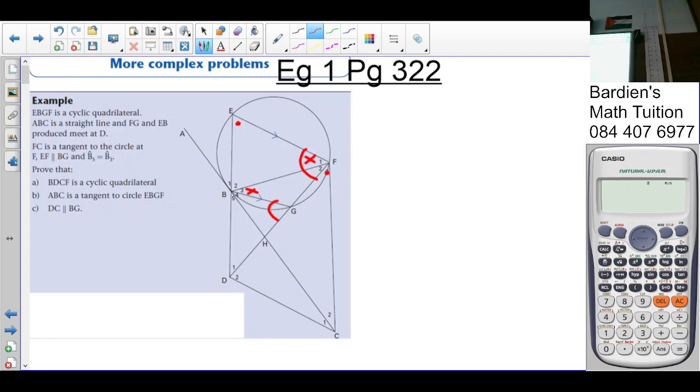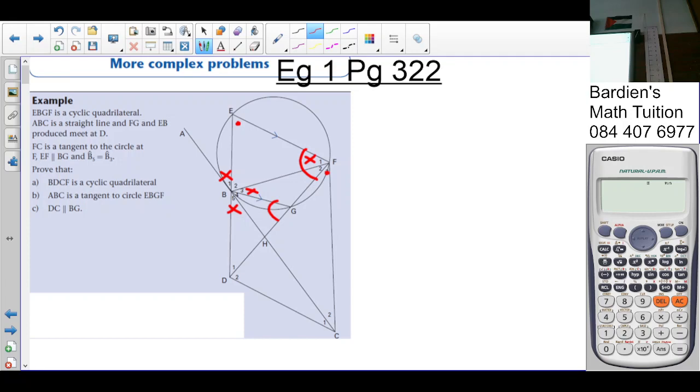Then we are told that B5 is equal to B3. So that will also get the X. Those angles are all the same then. B5 is also equal to B1, which is vertically opposite, and B1 is also now equal to F1, which means I can prove that ABC is a tangent to the circle at B as well.